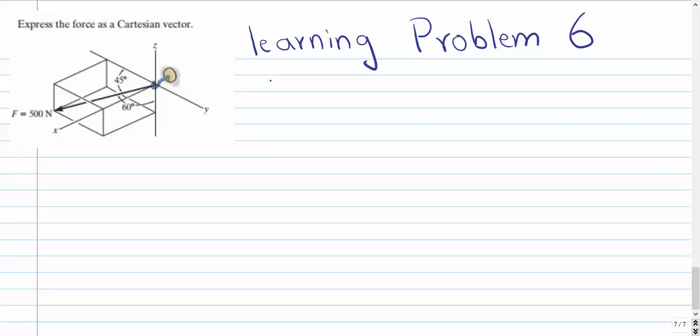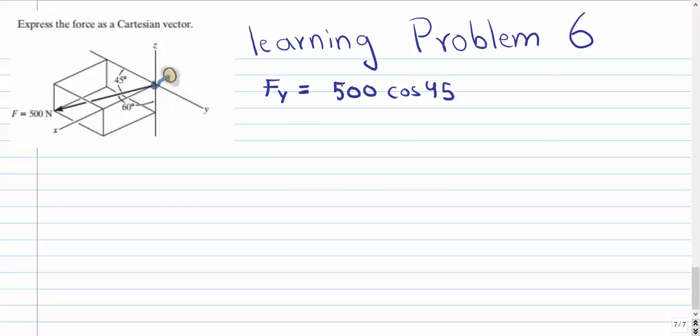So the first component that we can find for this force vector is along the y-axis. So Fy, or the component along the y-axis, is going to be 500 cos of 45. Since they have given us the angle between the force vector and the negative y-axis, we can simply find its component along that axis by using the trigonometric identity cosine.